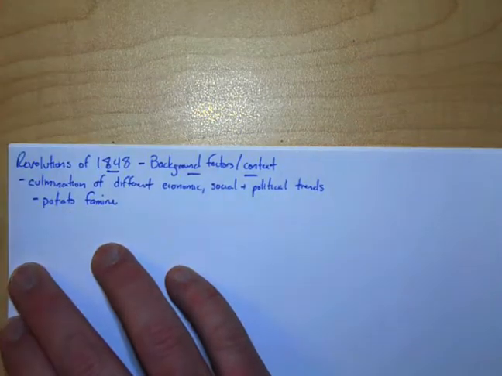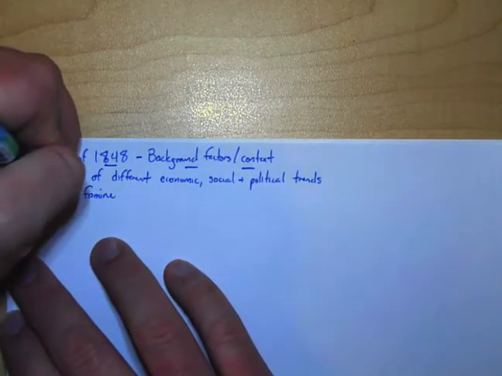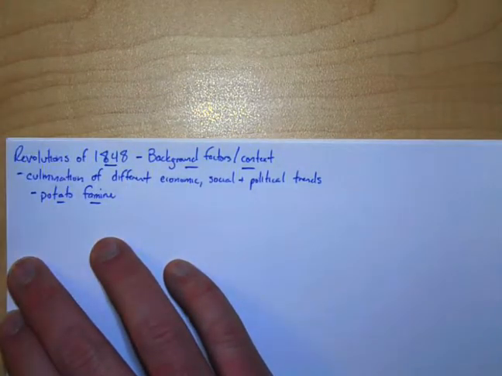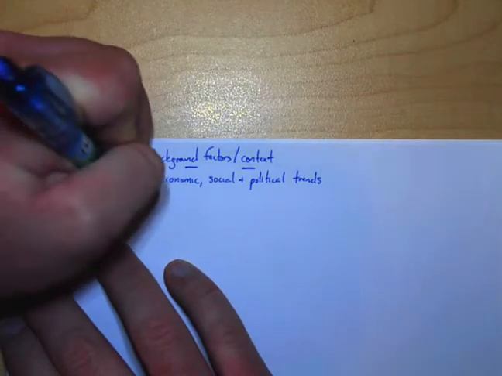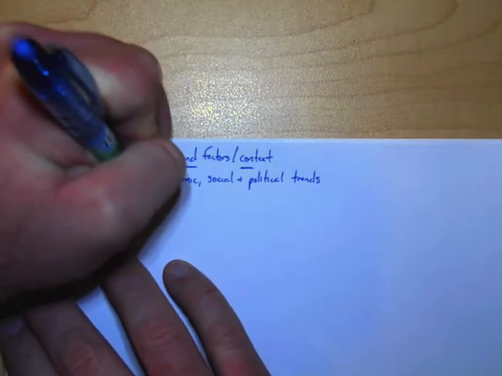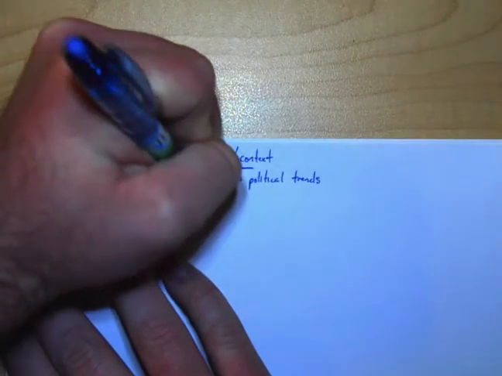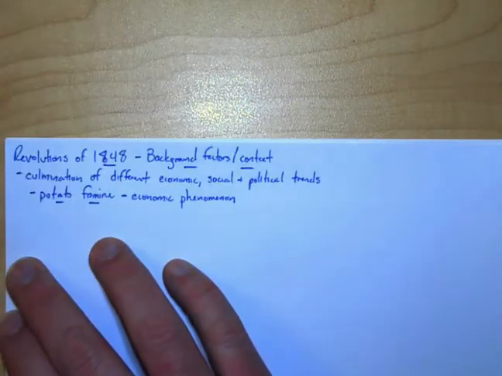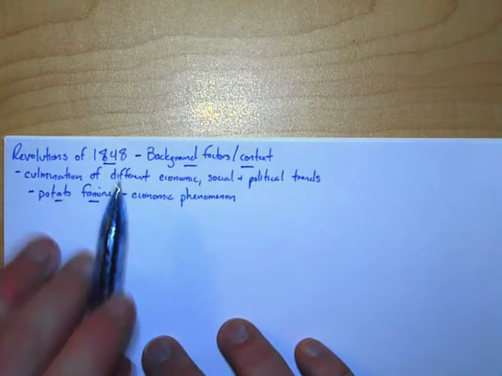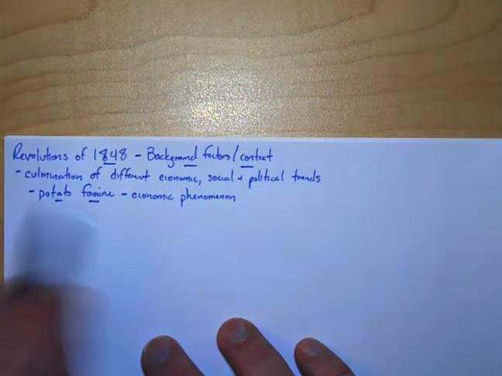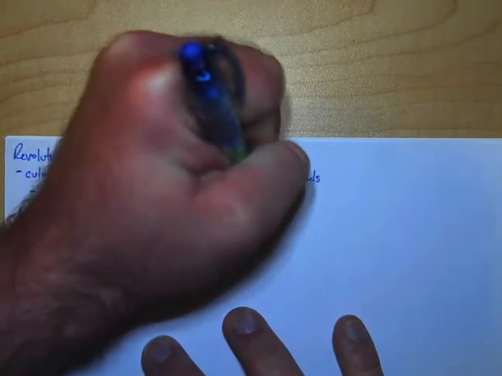When we talked about the potato famine, we talked about it as a social phenomenon. And it was a very important social phenomenon. But it was also an economic phenomenon. And that's how the revolutions of 1848 get started: as a result of the potato famine and the quote-unquote hungry 40s.